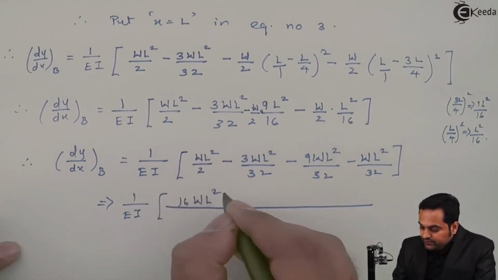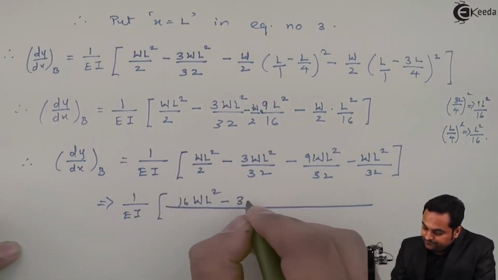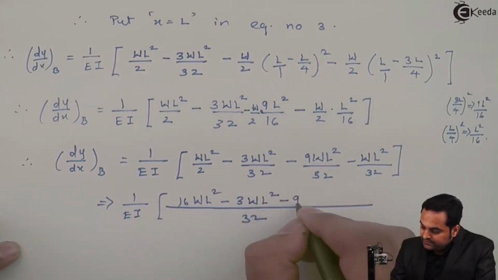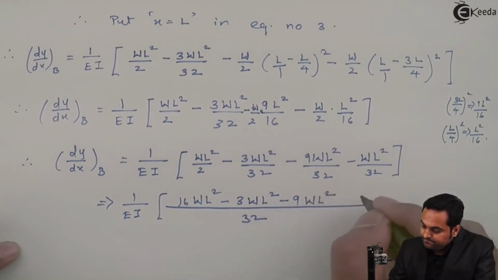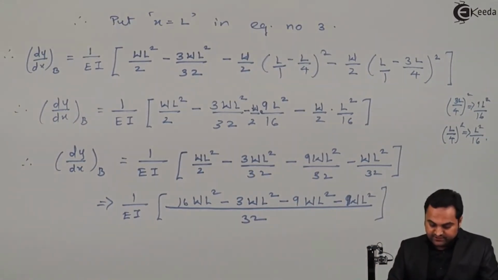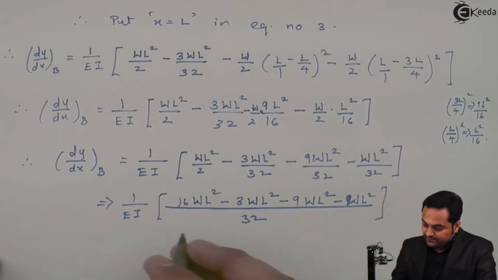So 16 WL square minus 3 WL square minus 9 and minus 1. So on simplifying this, here we have 16 minus 3 minus 9 minus 1. So that becomes 3.